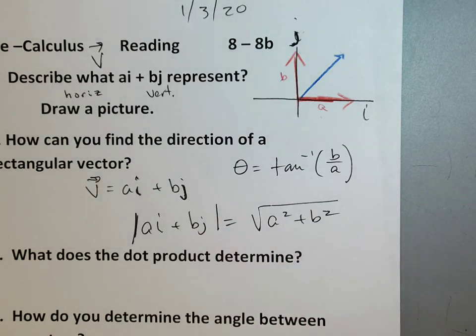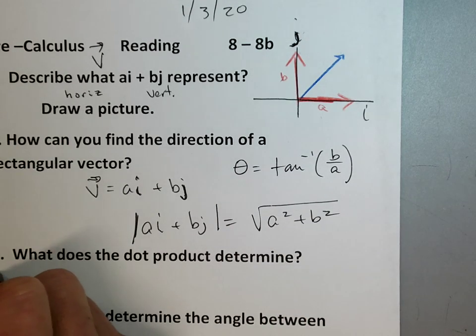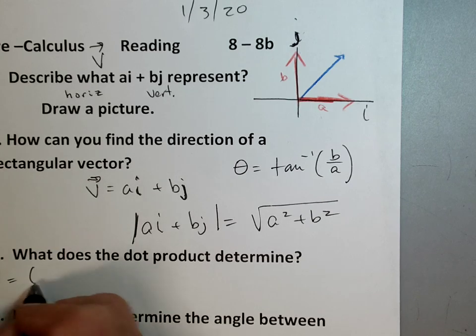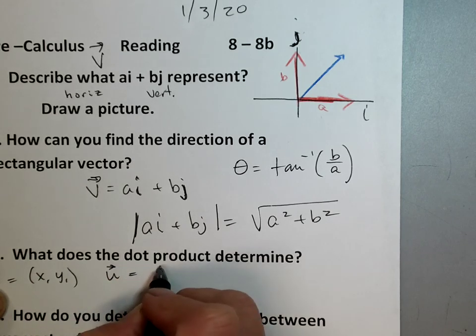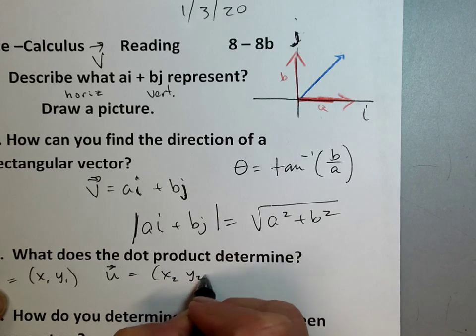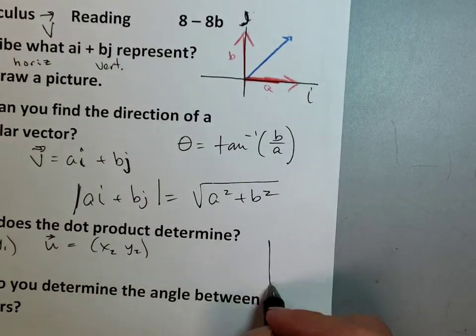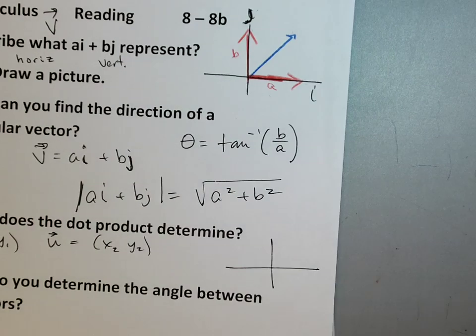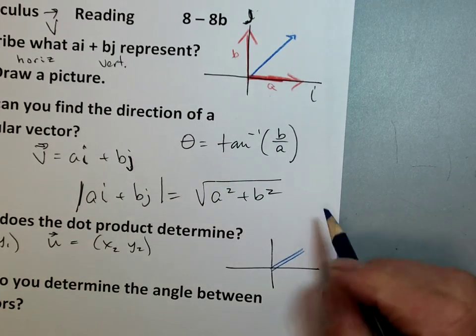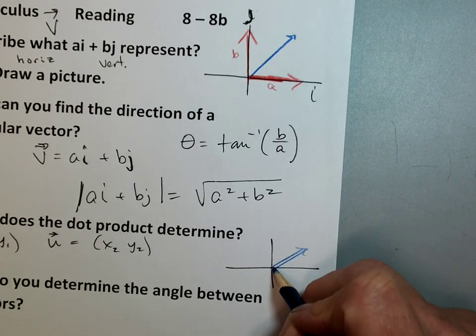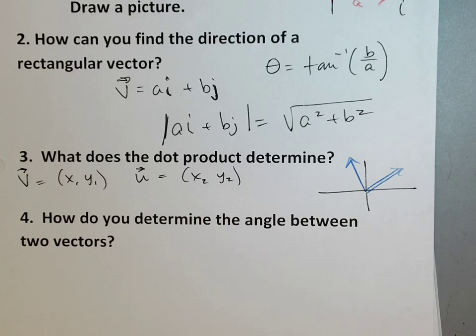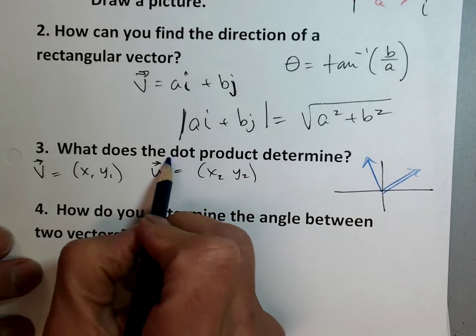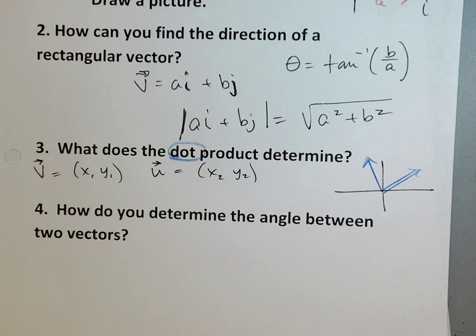Now the dot product, okay? So write this down. Vector v is some (x1, y1), and vector u could be some vector (x2, y2). I'm just going to draw a picture. I've got vector u, and let's say I've got vector v. The dot product, when I put this down, is going to look like a times sign, but it's a dot.